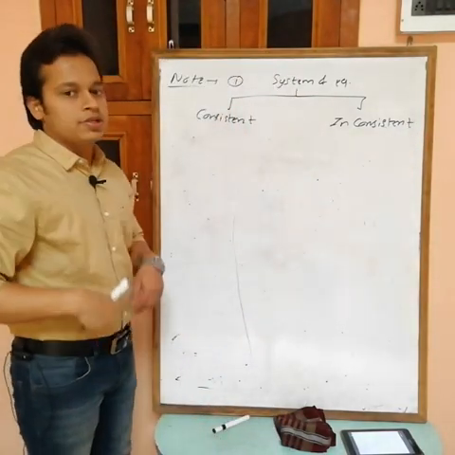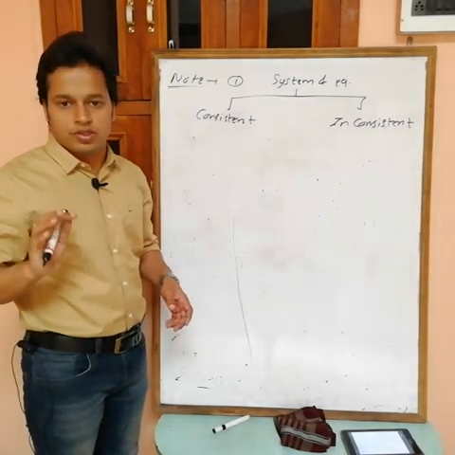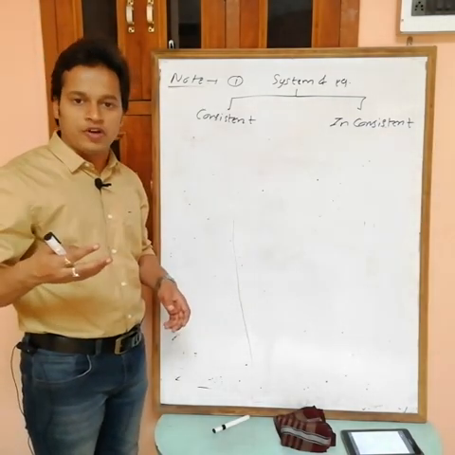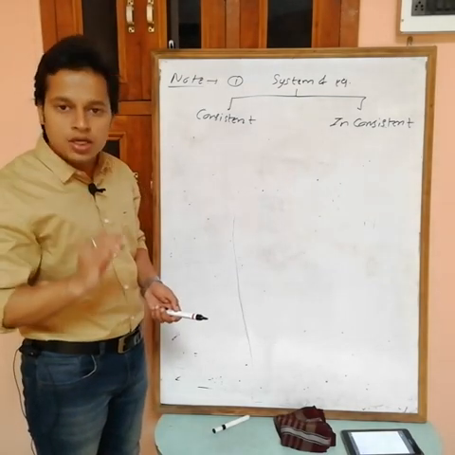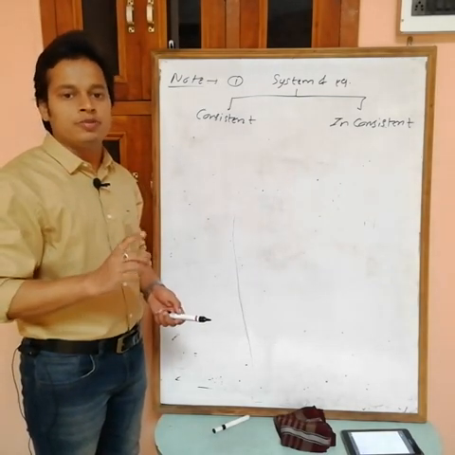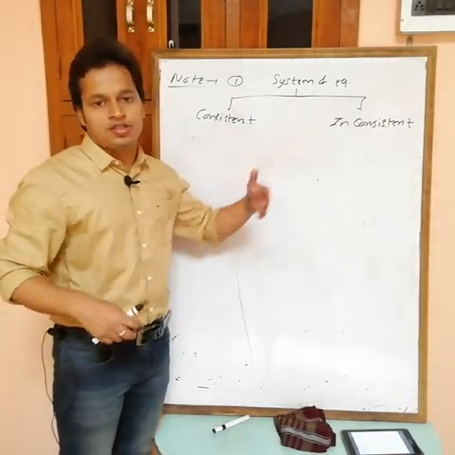Now a system of equations is consistent if there is at least one solution, it means either one solution or infinite solutions. If the system of equations has a solution, then that system is consistent. If there is no solution, then inconsistent.